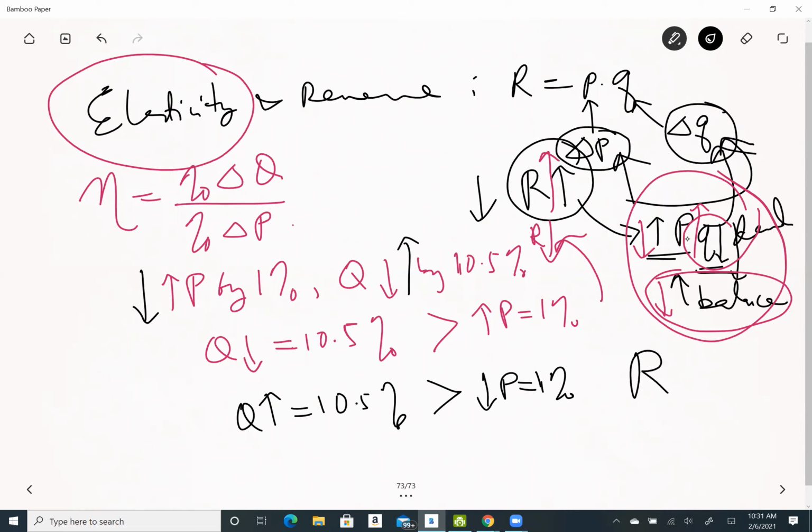Revenue will increase. So for this kind of good, which one is better for us, to increase the price or reduce the price? Reduce the price.